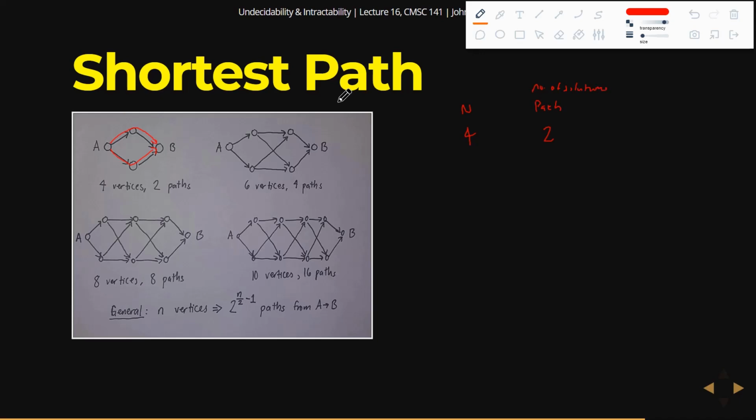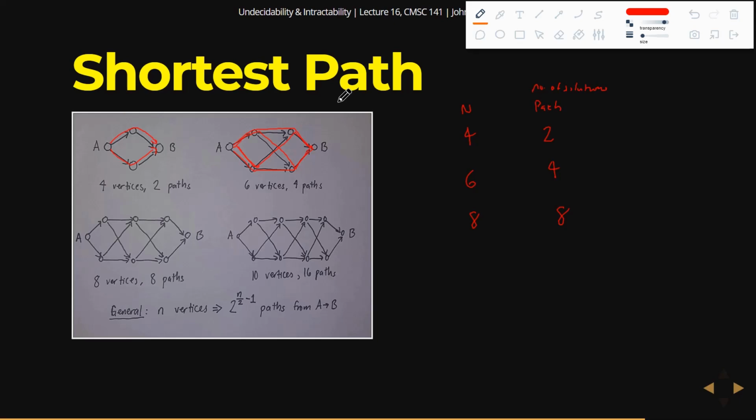For 6 vertices, you have 4 paths: 1, 2, 3, 4. Yeah, it's 4 paths in total. And then if you have 8 vertices, you have 8 paths.